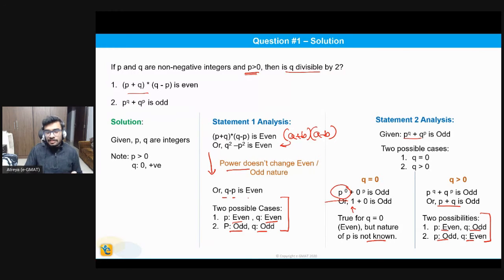Now, none of these gave me proper information on the values of p and q. There were always two or more possibilities. So neither statement 1 alone is sufficient, nor statement 2 alone is sufficient. So what we do in this case is combine the information that we got from both these statements.